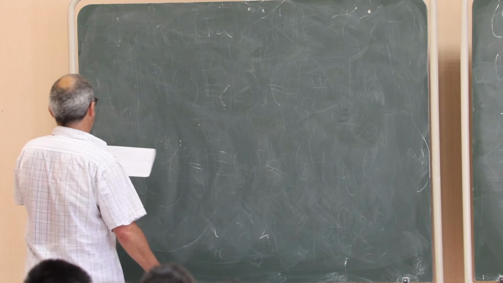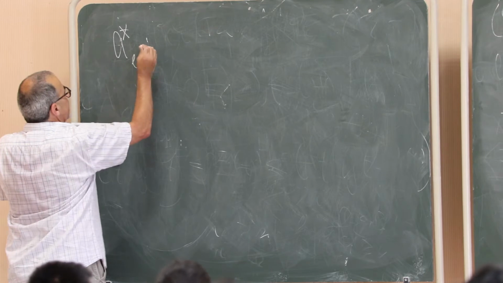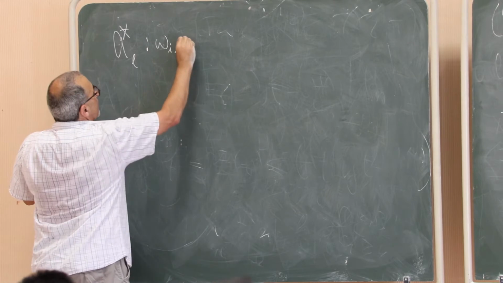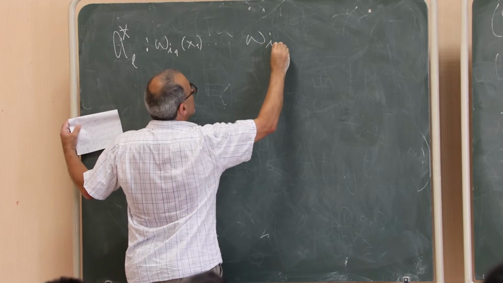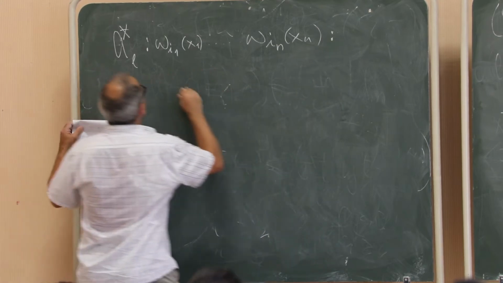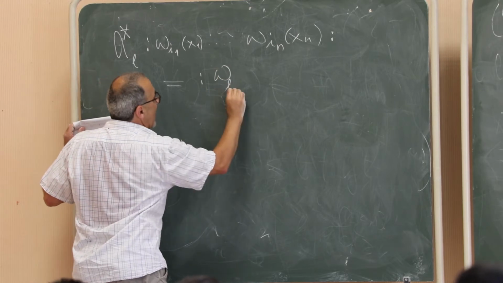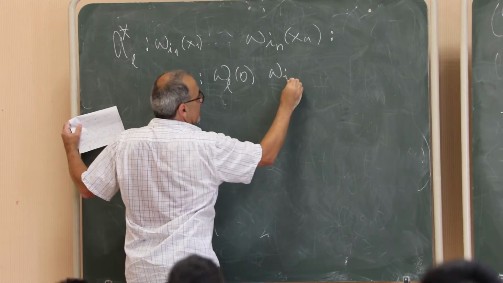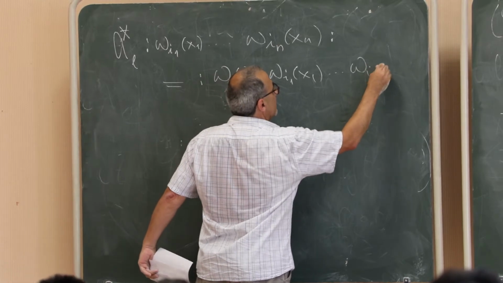Right? I define A star of L acting on a Wick monomial, omega I1 x1 through omega In xn, it will be a Wick polynomial of one higher order: omega L at 0, omega I1 x1, and the rest, up to omega In xn.